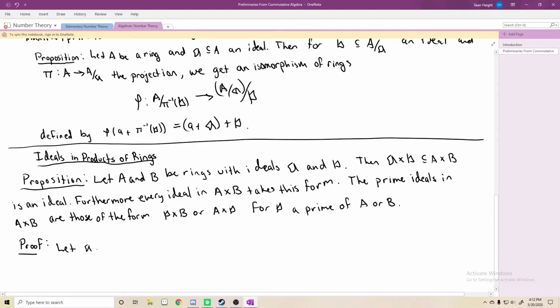So let 𝔞 and 𝔟 be ideals in rings A and B respectively.